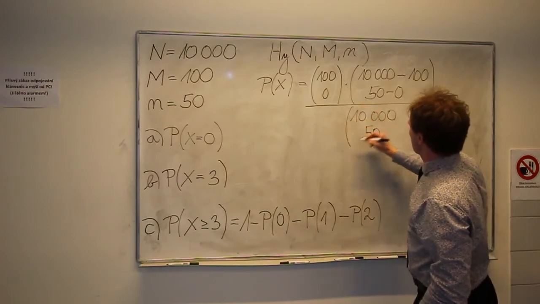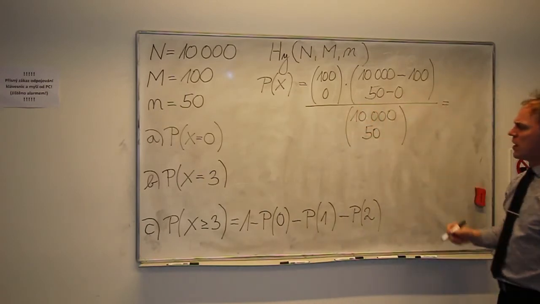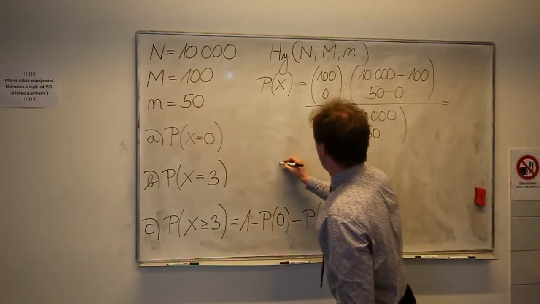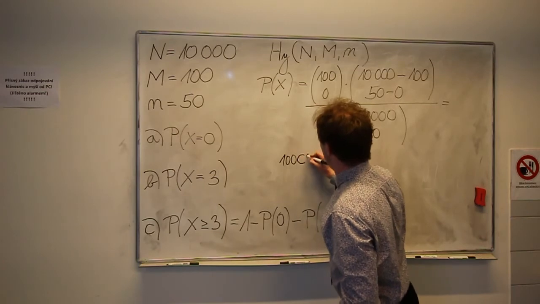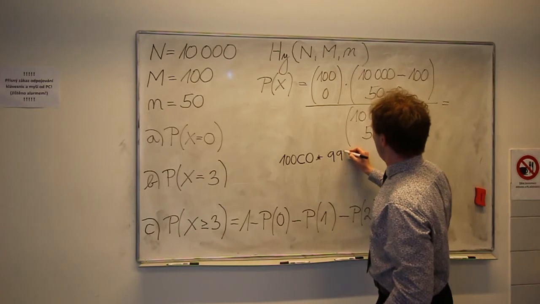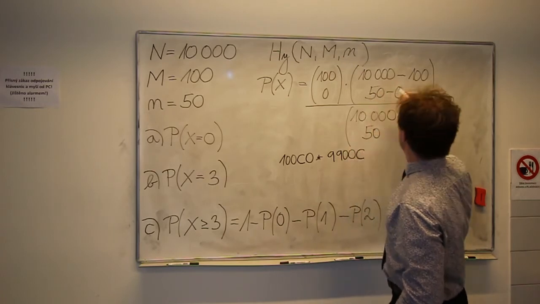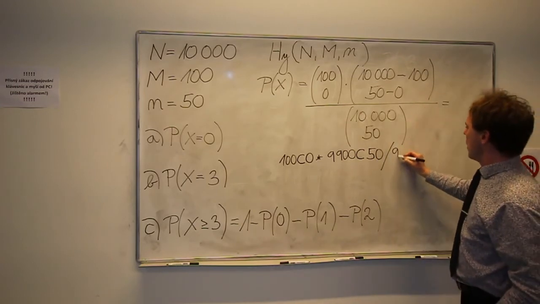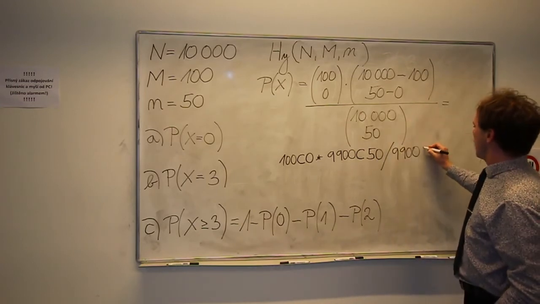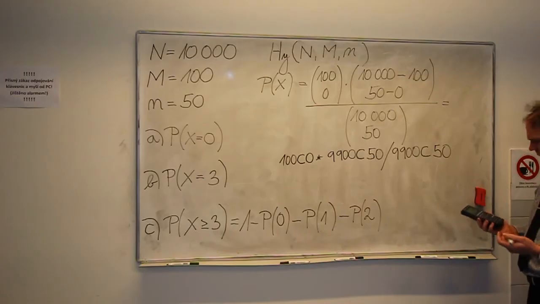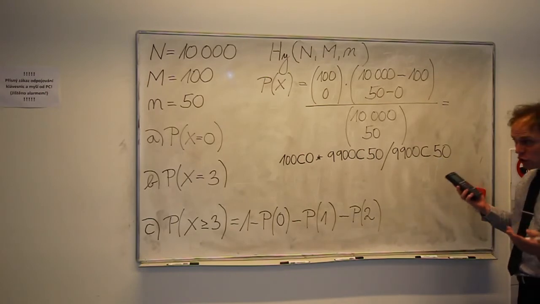Okay, so you can see that we have large combination numbers: 100 C 0 multiplied by 9,900 C 50, divided by 10,000 C 50. Okay, so I have a calculator in my hand and I will try it.